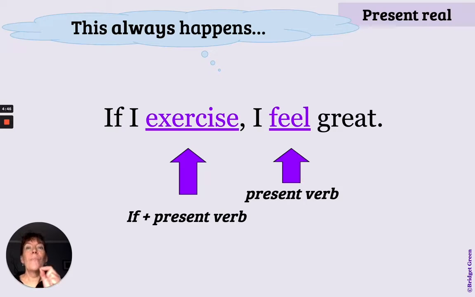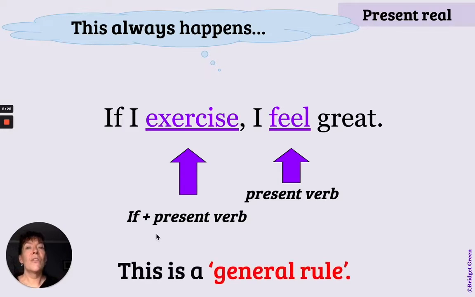So we have two present tenses that tell us this always happens. Now that's cool because we know if I say, for example, the sun comes up every morning, you know that present tense tells you it's a routine and it happens all the time. This is the same with this conditional. It's used for a general rule.